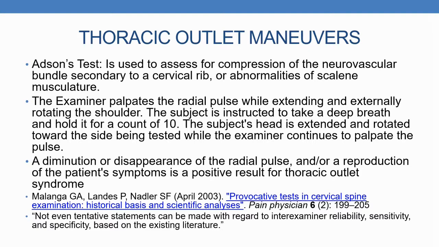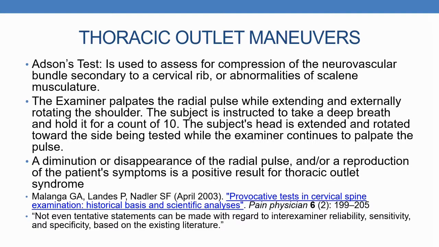Well, the purpose of taking a deep breath is to elevate the first rib through contraction of the anterior scalene muscle and also the middle scalene muscle. So the deep breath causes a contraction of that muscle, causes an elevation of the first rib, thereby narrowing the costoclavicular interval and also shortening the length of the scalene muscles.